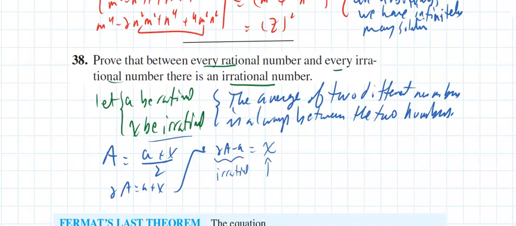But I know that a is rational. So it must be that 2 times the average is irrational. And if 2 times the average is irrational, then the average is irrational as well.